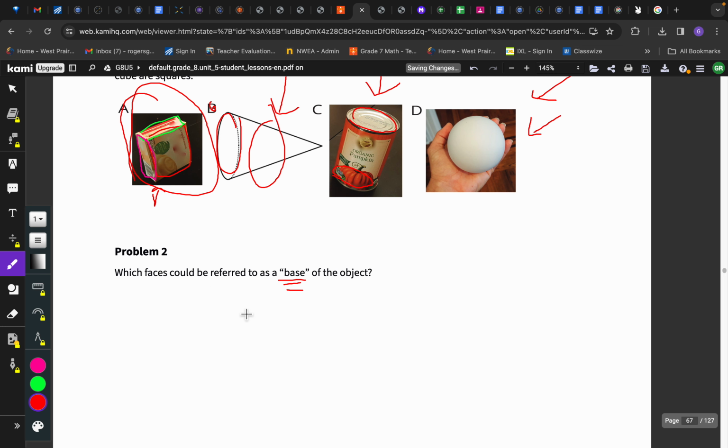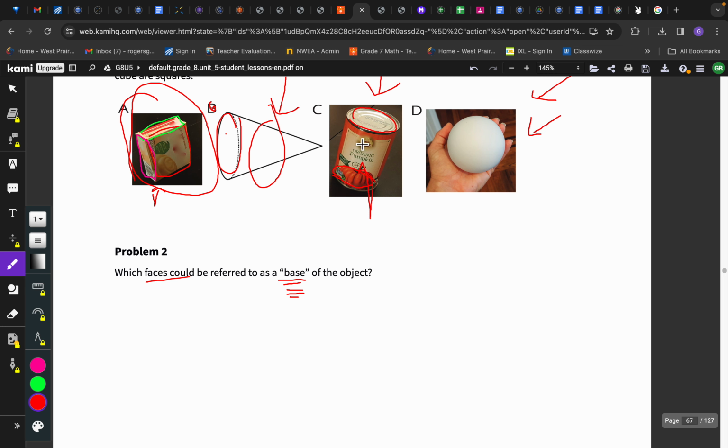Which face could be referred to as the base? Only the circle side for this. And that's technically true for question C. The base of C, how could I set this down and not have it roll away? Well, you would have to put it on either circle, on either end, so to speak.